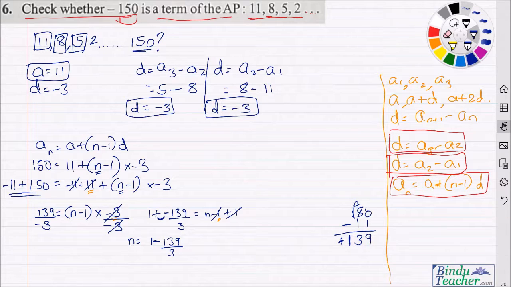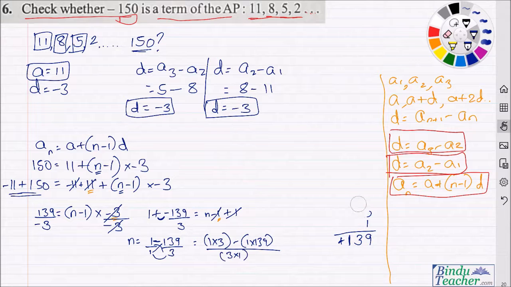Now let's do the subtraction. So we'll do numerator into denominator, which is 1 into 3, minus again numerator into denominator, 1 into 139, divided by denominator into denominator, which is 3 into 1.